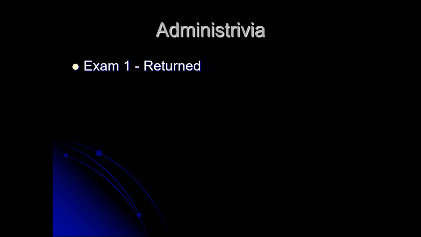So take advantage of that, because we're at a point right now where we still have some time before the drop date. Drop date's in April sometime. You can find it on the academic calendar. And nobody in the class right now is in a position where they are guaranteed to fail the course at this point.